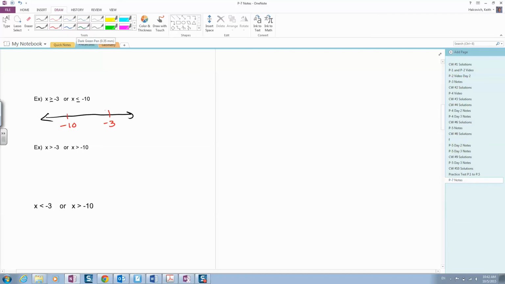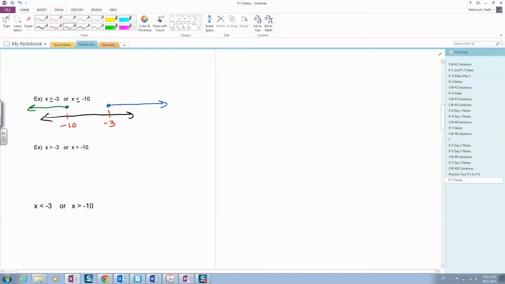If you're graphing this, x is less than or equal to -10, so you're going to use a closed circle, and it's less than, so it's going to go to the left. And then greater than or equal to -3, it's going to be a closed circle, and it's going to go to the right. Now it's an or.